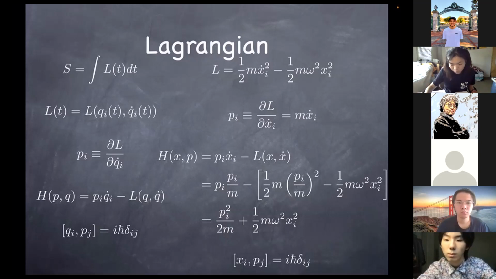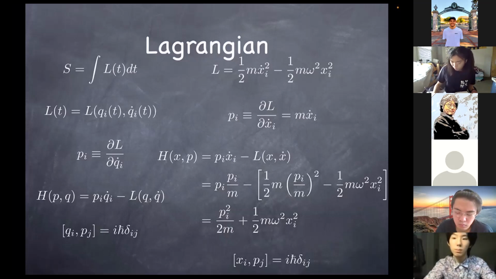But as I emphasized already on Wednesday, we eventually would like to go to relativistic systems. You have to implement Lorentz invariance and want to treat space and time on equal footing. Then it turns out that the action is the only way to do so. At this point, I'm talking about particle mechanics. So the Lagrangian is a function of x for the harmonic oscillator, but eventually Q becomes the field, and hence we are talking about field theory.